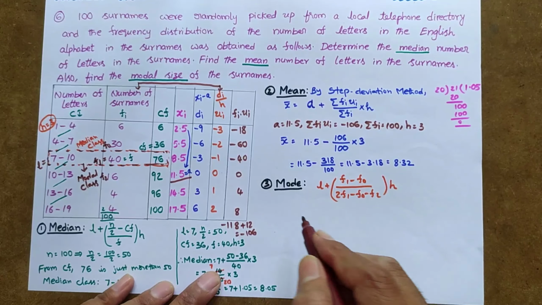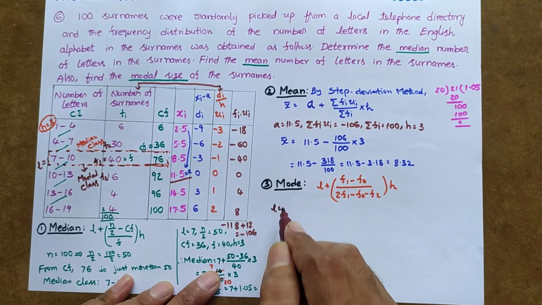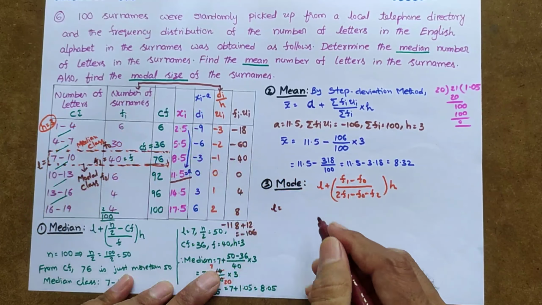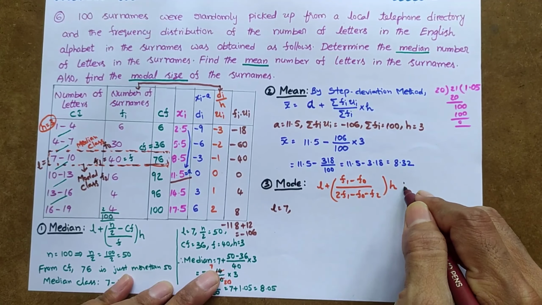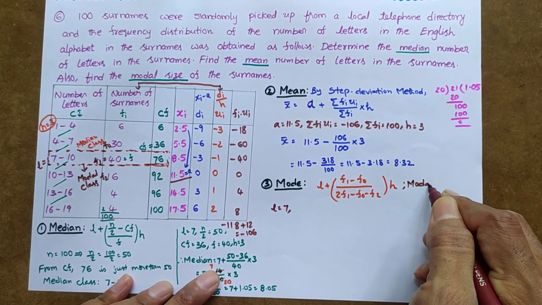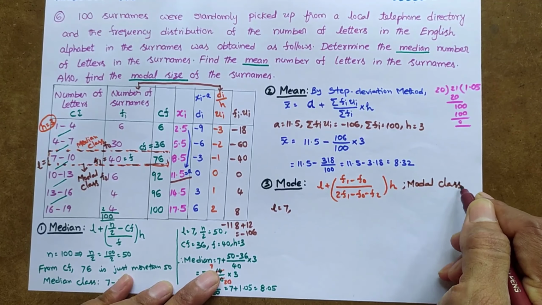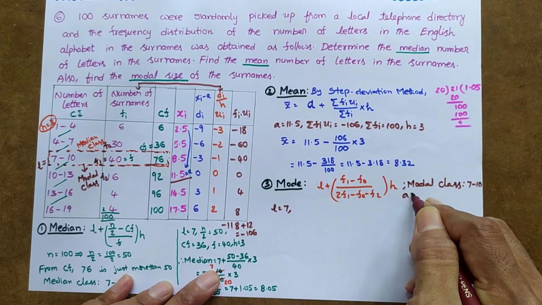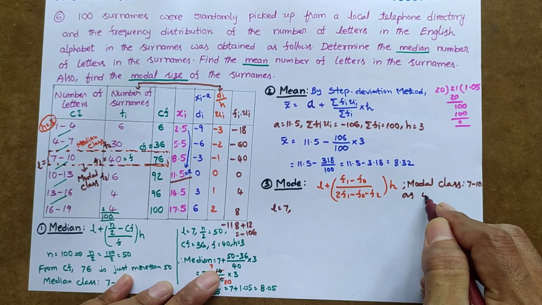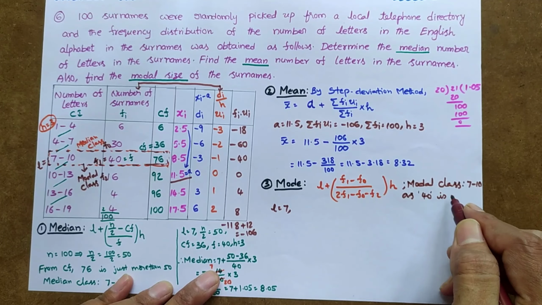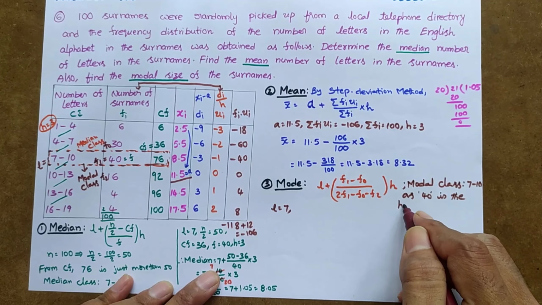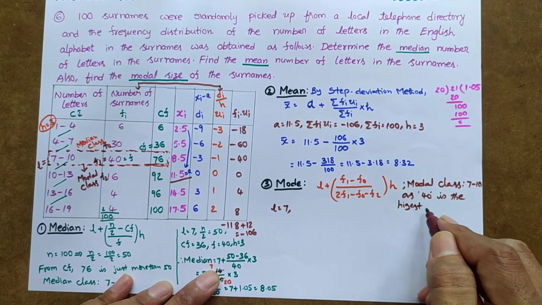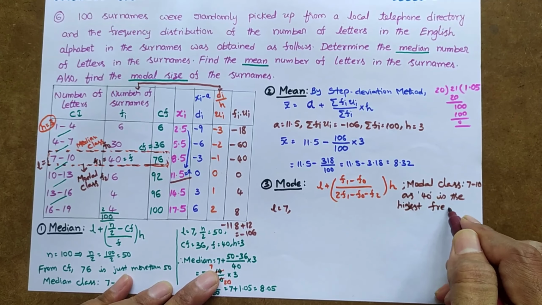Now let us write the values. L is equal to 7. Here you can mention modal class is 7 to 10, as 40 is the highest frequency.